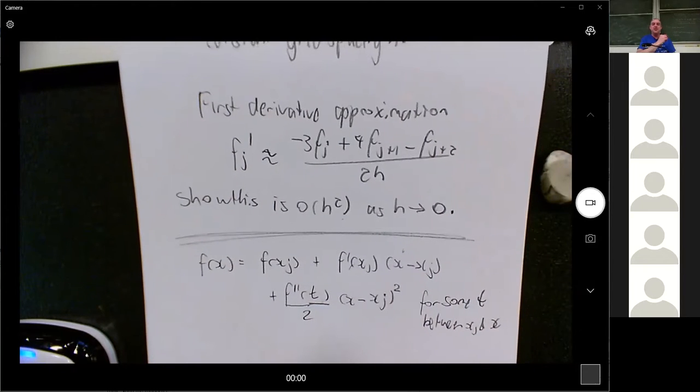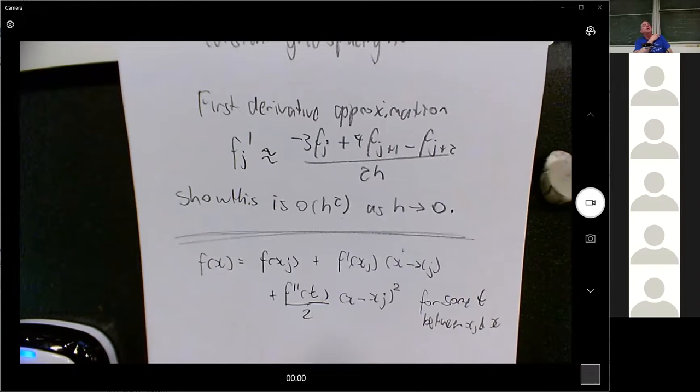For some t between xj and x. That's Taylor's theorem here. Now I don't know for sure, but I'm pretty sure, because of the power of h that ends up in the big O usually.